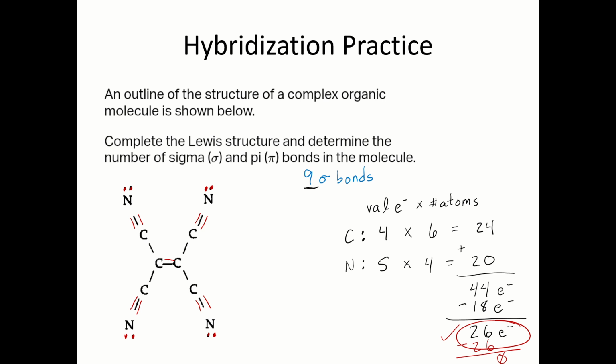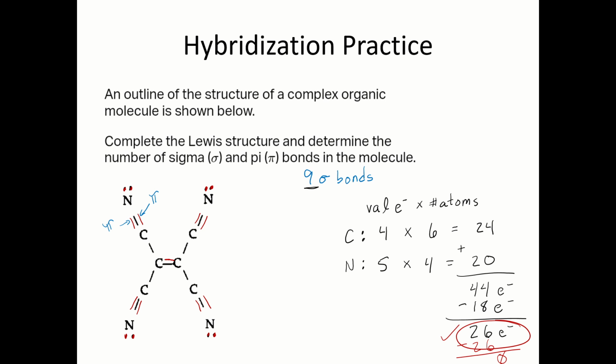And with that, if we want to count up the number of pi bonds, the pi bonds are going to be any of the second or third bonds that we add if we see double or triple bonds anywhere. So for example, this here is a pi bond, and then we also have a pi bond on this side as well.